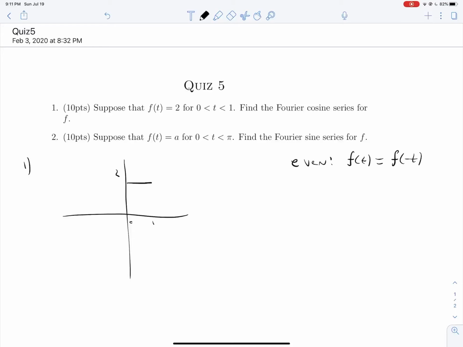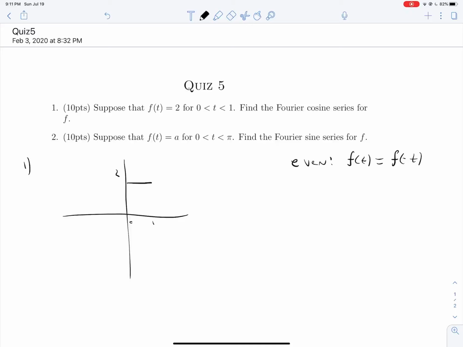And you can think about this as if you started at t equal to 0 and then went forward in time by half of a period, it would look exactly the same as if you started at t equal to 0 and then went back half a period, so going through negative time instead.